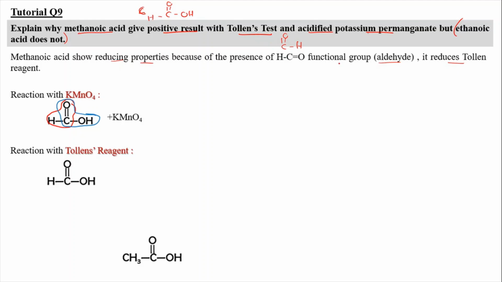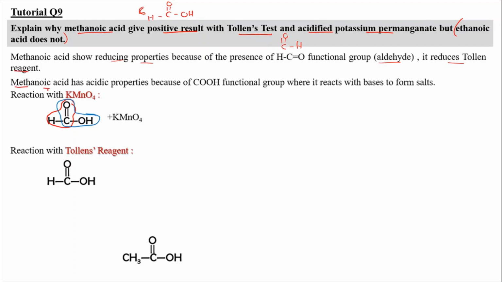It reduces Tollens' reagent. At the same time, methanoic acid has acidic properties because of the carboxylic functional group, where it reacts with bases in order to form a salt. So for methanoic acid, you can give an example: it can react with sodium metal in order to produce the carboxylate ion with Na plus here.